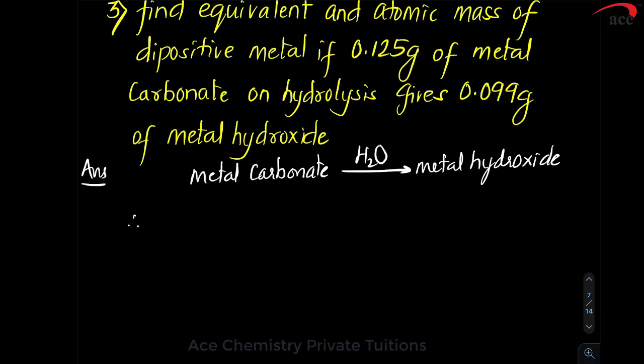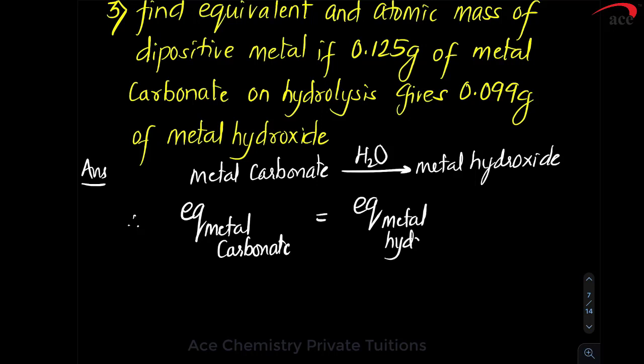We don't know the reaction. We don't know the metal, so we don't know how to write a formula, so we don't know the reaction. So what do we do? Equivalence of metal carbonate will be equal to equivalence of metal hydroxide. Like this we'll write down.